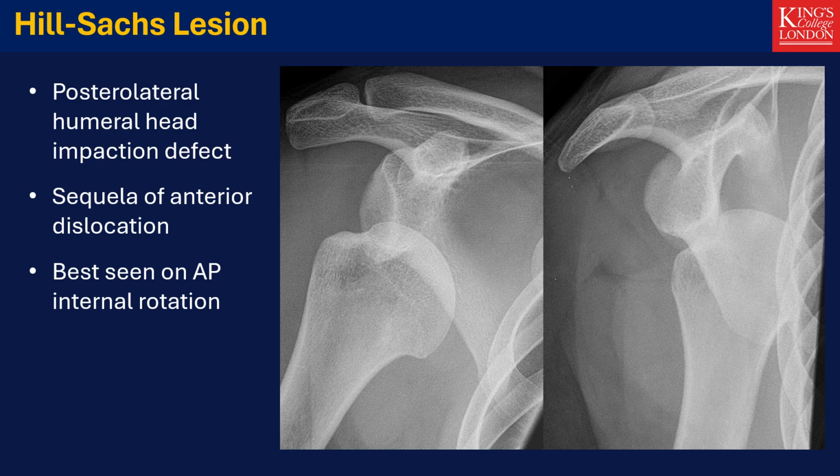Look for a subtle flattening or cortical step-off along the posterolateral articular surface. In smaller lesions, it may appear only as a faint cortical irregularity. The presence of a Hill-Sachs lesion confirms prior anterior instability, even if the joint is currently reduced.